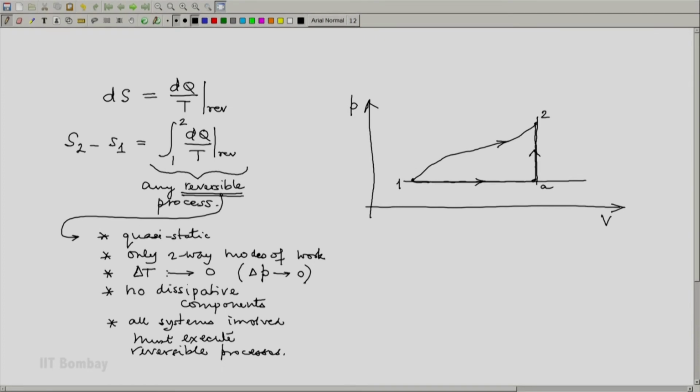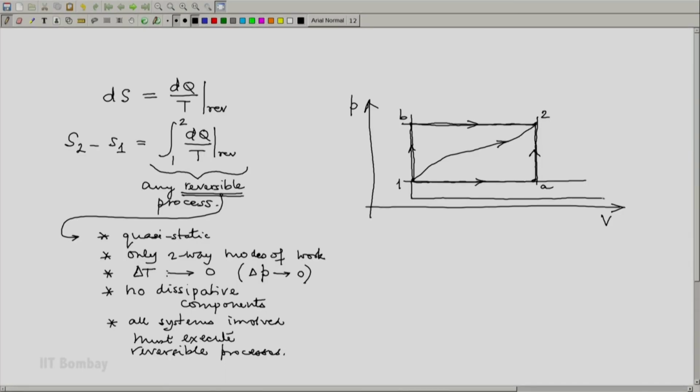Another possibility is to take a constant volume line from 1, a constant pressure line from 2, and decide that we will go first along the constant volume line 1B and then go along the constant pressure line B2. The choice is ours. If we are very savvy at complex integration, select any path. Otherwise, it is best to do it by the least complex path.